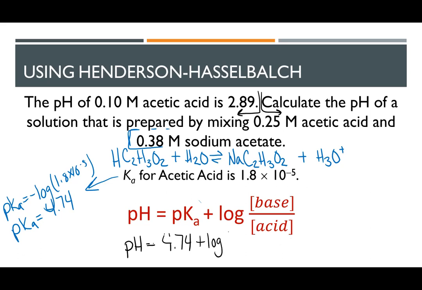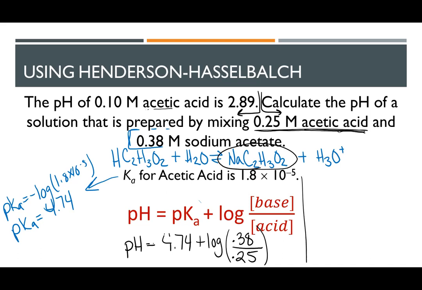Now we've got to determine what's the base and what's the acid. The acid is a little bit easier in this case because it says acetic acid, so acetic acid is our acid. That's the concentration that goes on the bottom. Then the 0.38 molar sodium acetate is the conjugate base, so the base goes on top, 0.38.